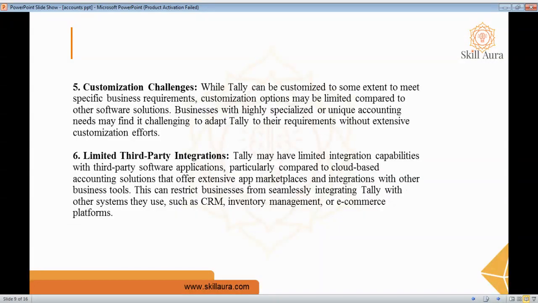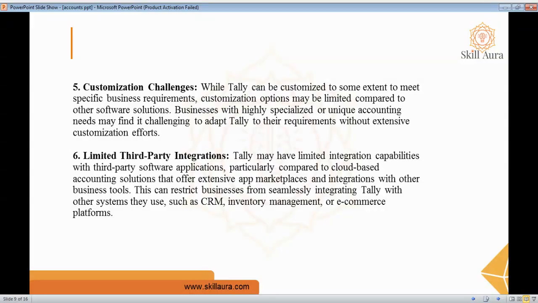The next disadvantage is customization challenge. Here, Tally can be inflexible when it comes to customization, making it difficult for businesses with unique requirements to adapt the software to their needs.